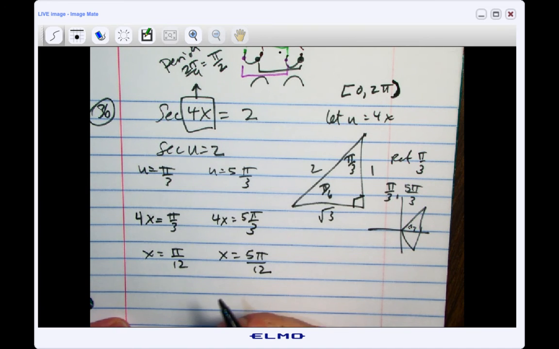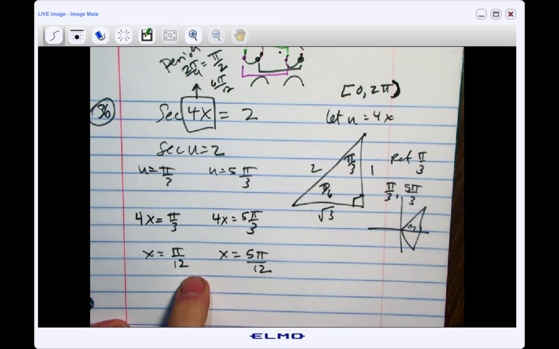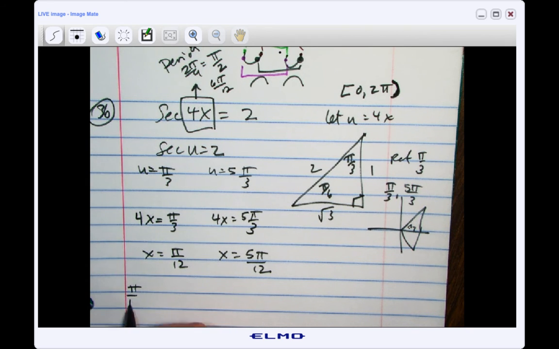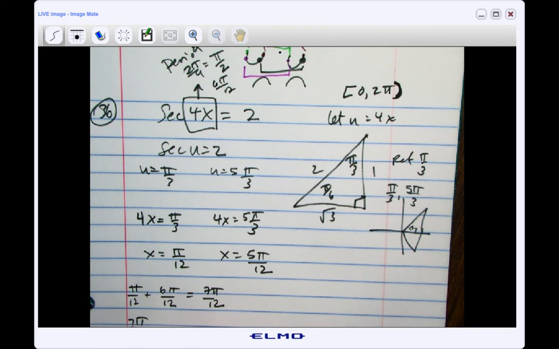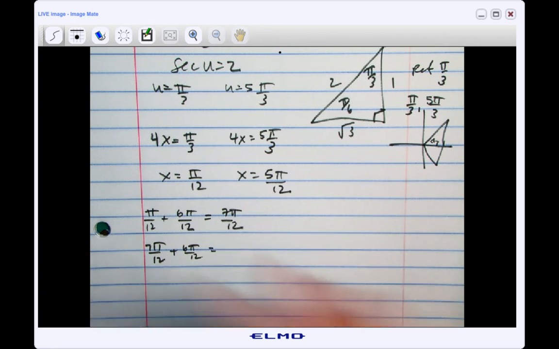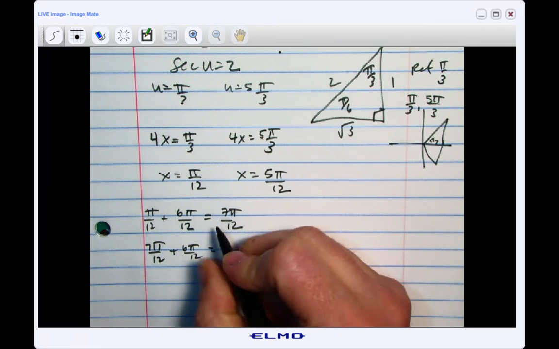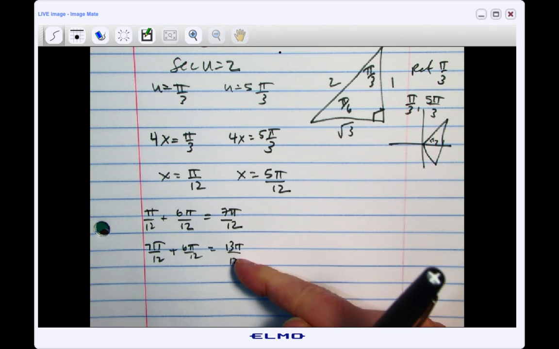So what am I going to do? I'm going to write pi over 2 as 6 pi over 12, since these are in twelfths. So if I take pi over 12 and add 6 pi over 12, my next one will be 7 pi over 12. Then I'm going to take 7 pi over 12 and add another 6 pi over 12. So I just keep adding 6 pi over 12 each time. And that'll put me at 13 pi over 12. I keep doing this until I'm bigger than 2 pi.